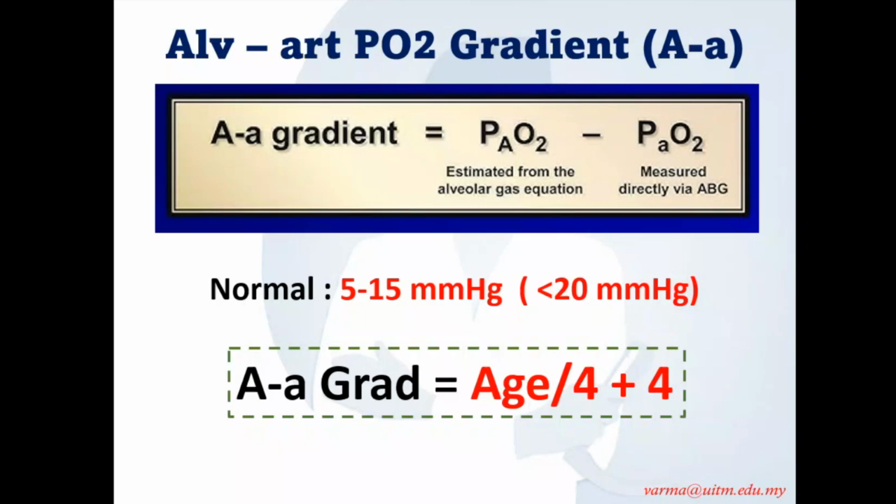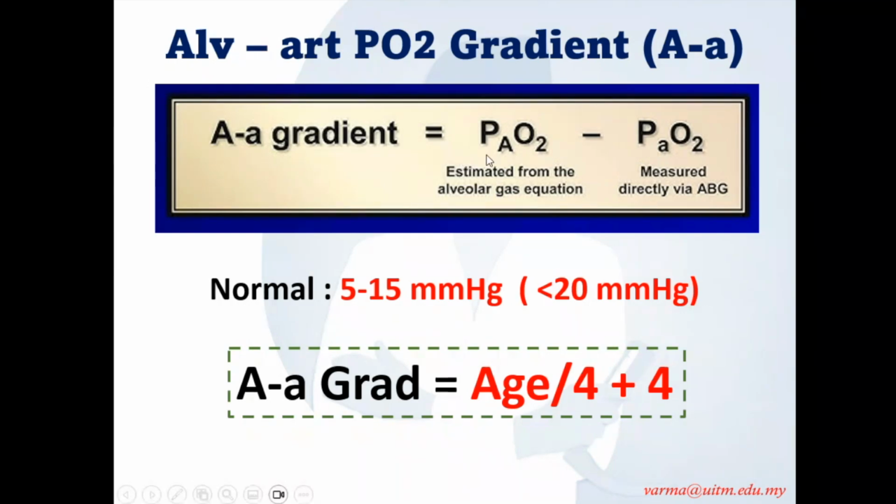When the patient is on oxygen supplementation, we have to wisely interpret all these things. Of course, let's say the patient is already ventilating with 60% FiO2, your PaO2 will be in the 200s or 300. But when you calculate your PAO2, this also will go up because you are giving high FiO2.